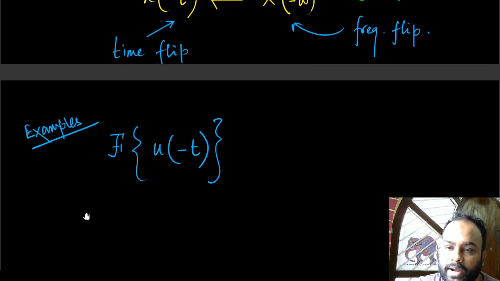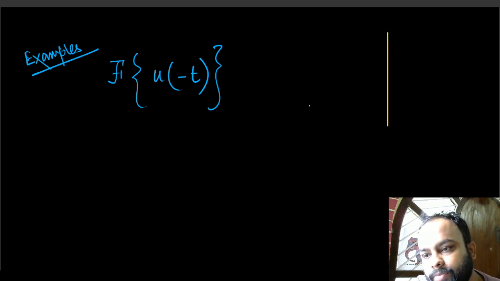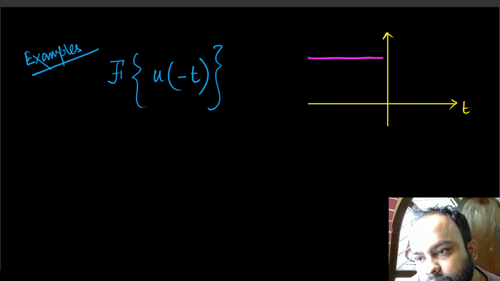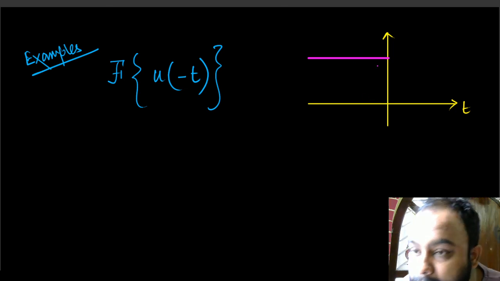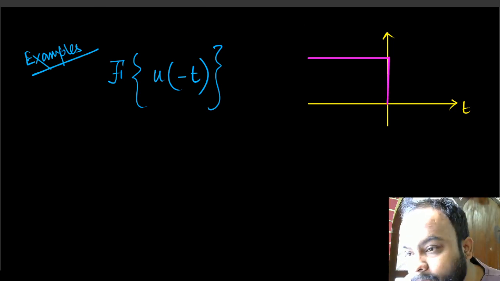Of course, u of minus t simply looks like this. Right?